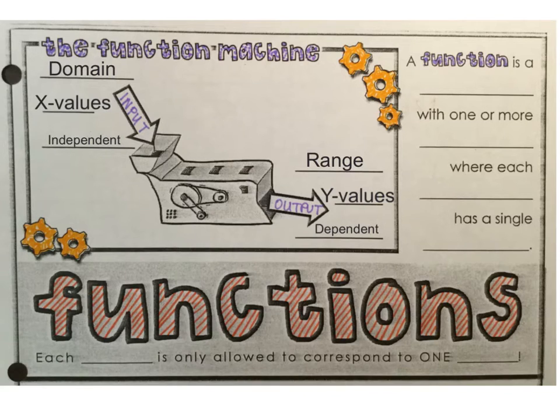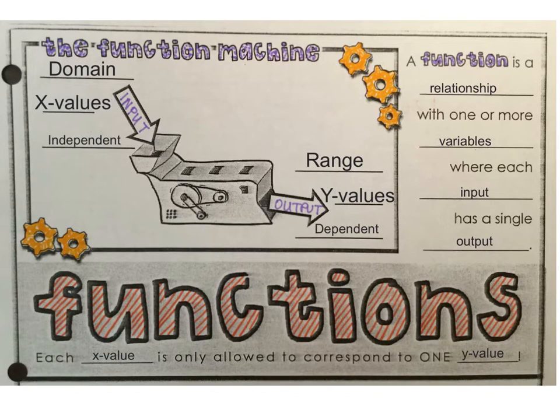So therefore, a function is a relationship with one or more variables where each input has a single output. So in summary, with functions, each x value is only allowed to correspond to one y value.